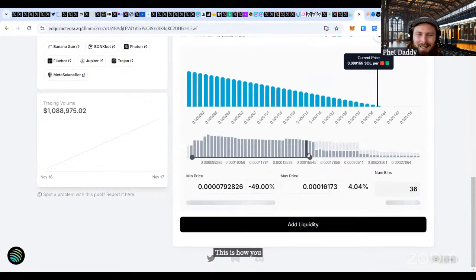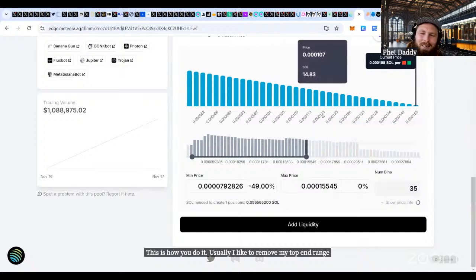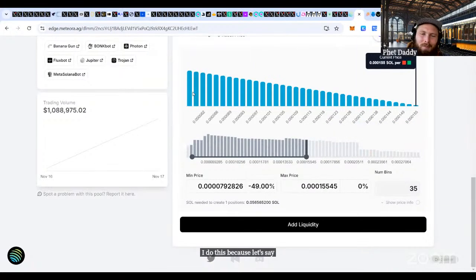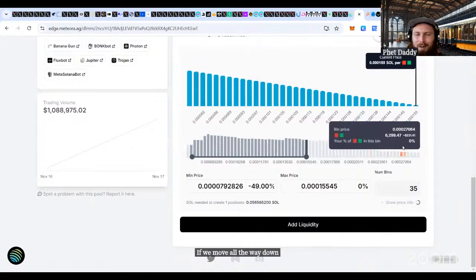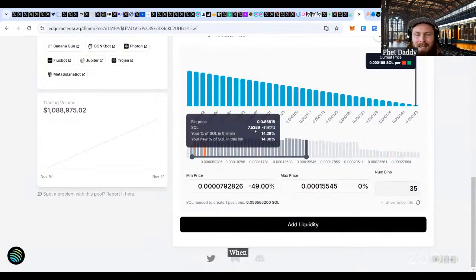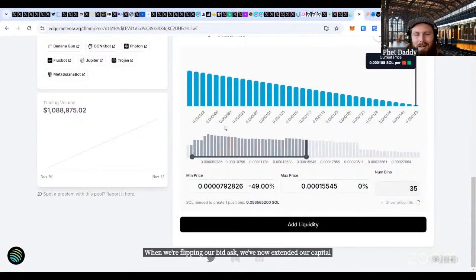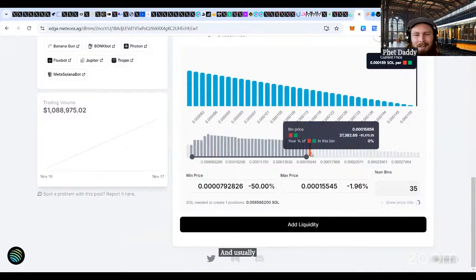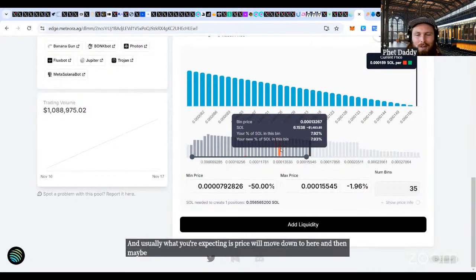Usually I like to remove my top end range. I do this because let's say we wanted to do a swap of bid ask. If we move all the way down here and keep this range up here, when we're flipping our bid ask we've now extended our capital over this entire range. Usually what you're expecting is price will move down to here and then maybe come halfway or three-quarters of the way back up.